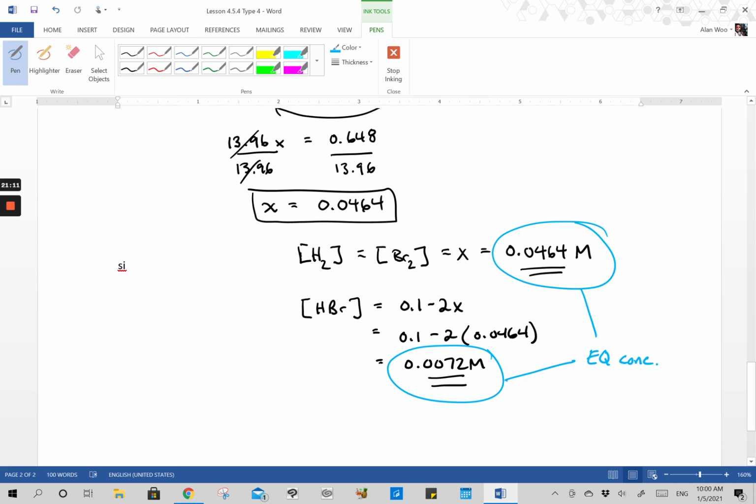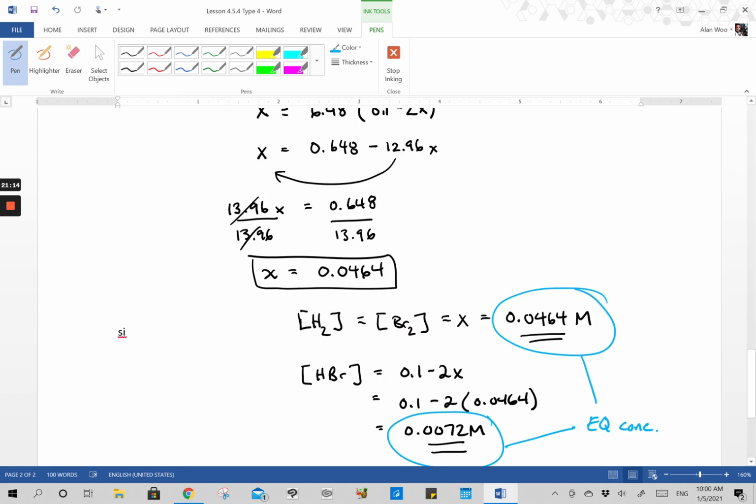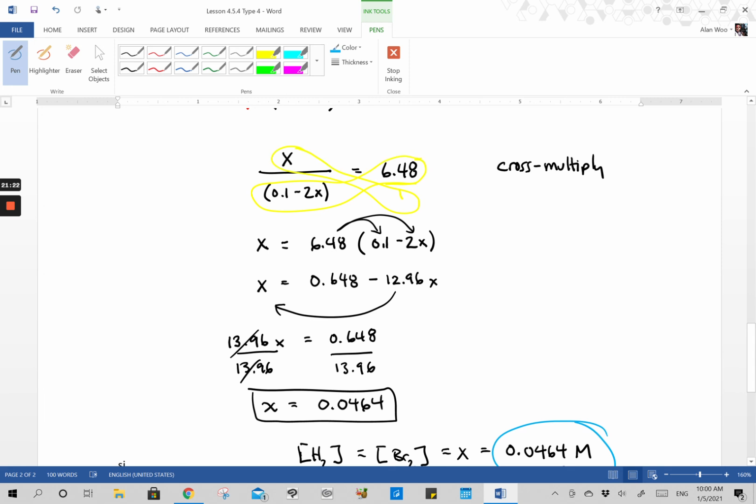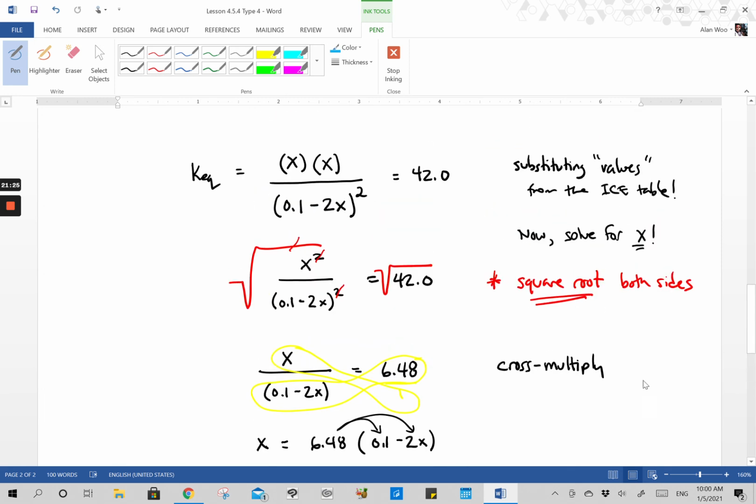So this particular type of question is considered to be a type 4, but only at this particular point here. This squaring of roots determines that this is a type 4 question. This makes this problem a type 4.